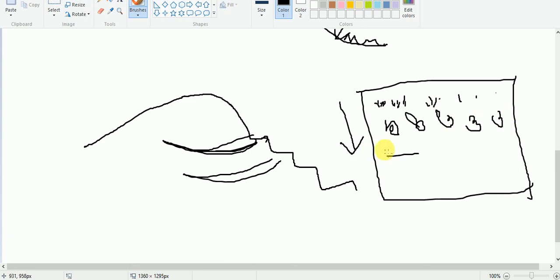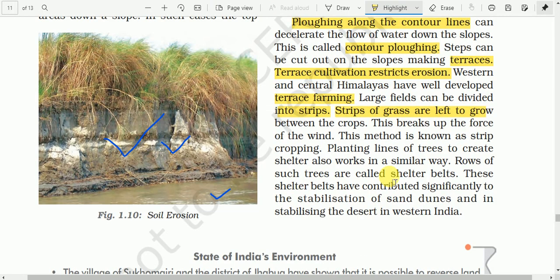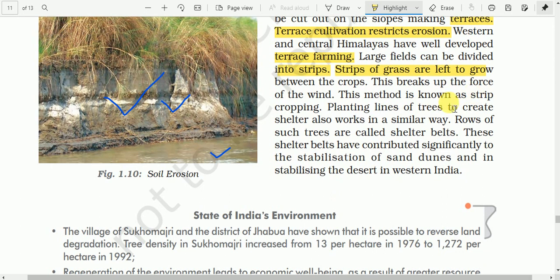After that again we have to grow strips of grasses. So when the water flows, the grasses will protect against erosion. In this way we can do strip cropping also, as mentioned here.